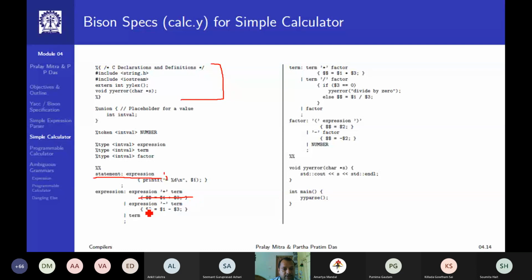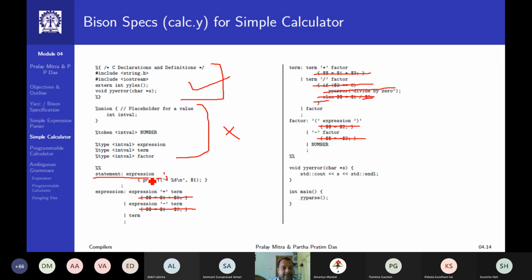The rest was there, but this part has changed.